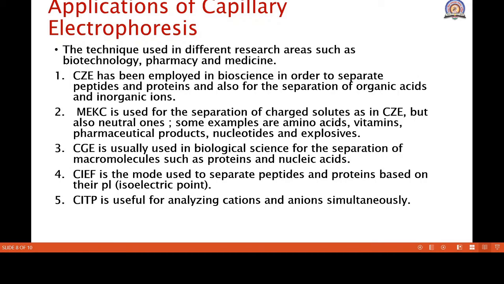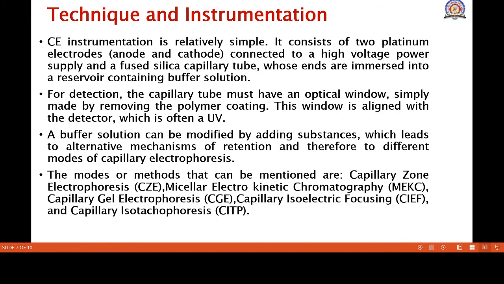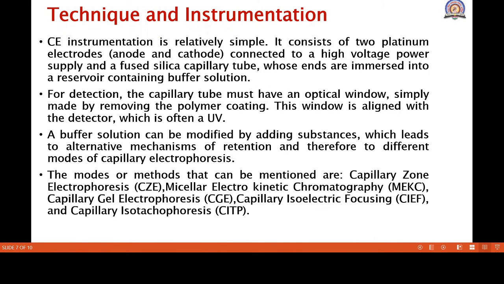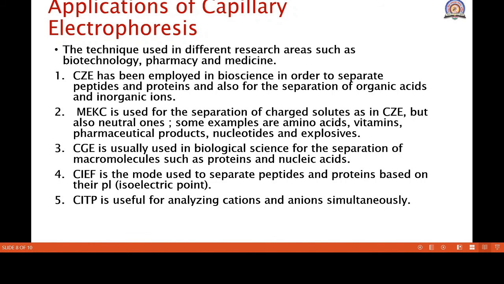Then MEKC. MEKC means micellar electrokinetic chromatography, used for the separation of charged solutes as in capillary zone electrophoresis, but also the neutral ones. Some examples are amino acids, vitamins, pharmaceutical products, nucleic acids, and explosives.